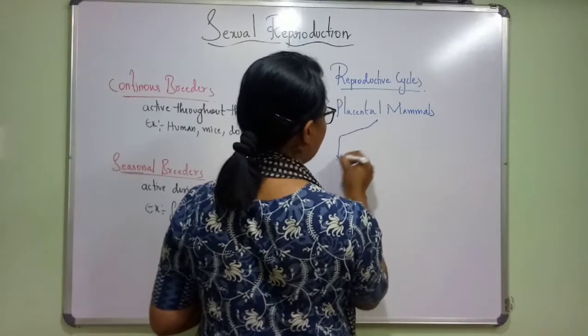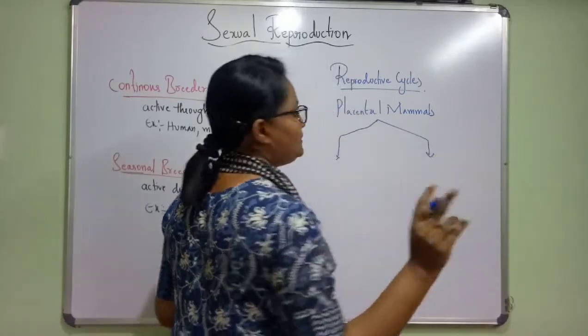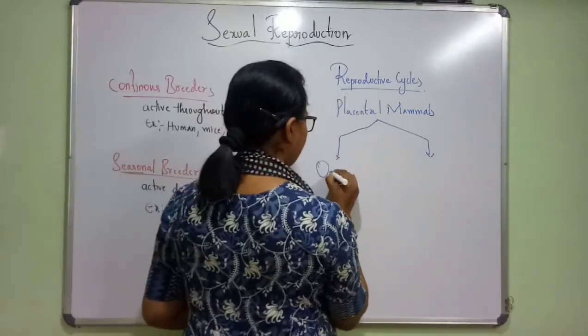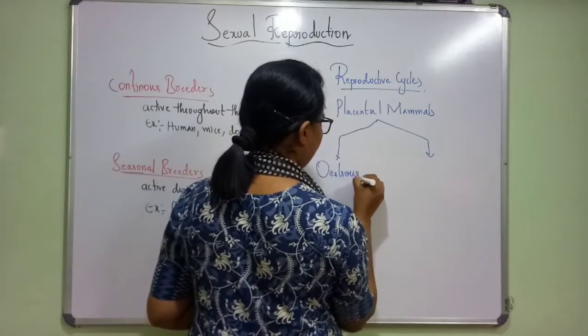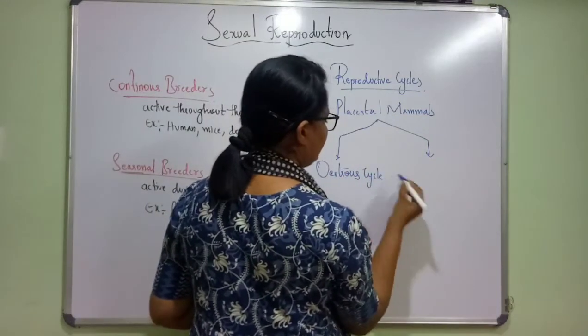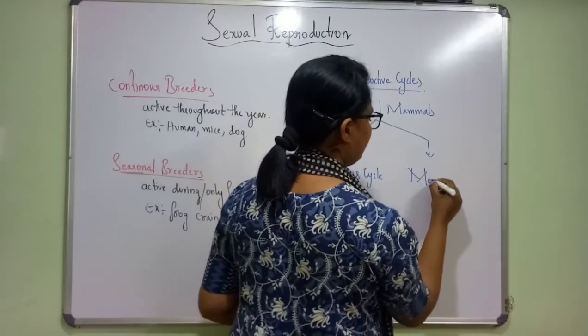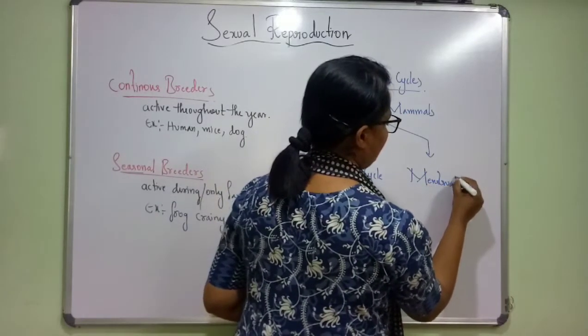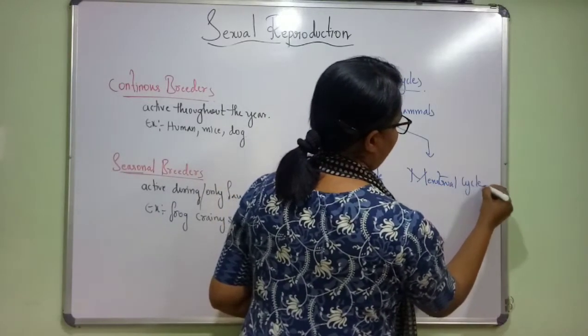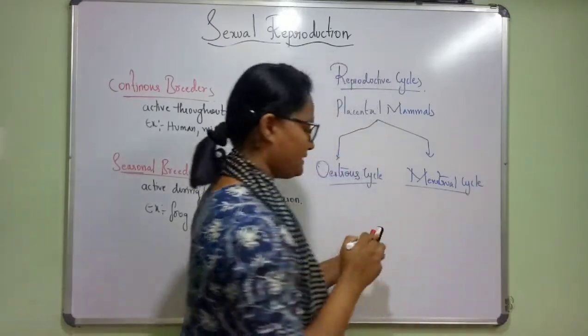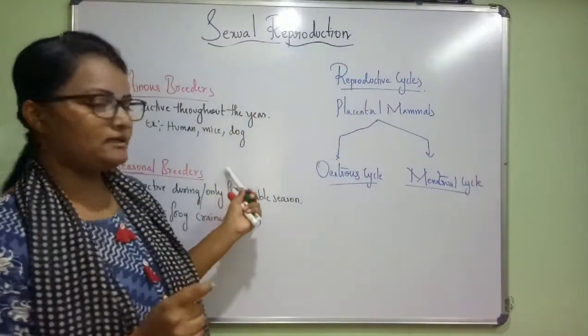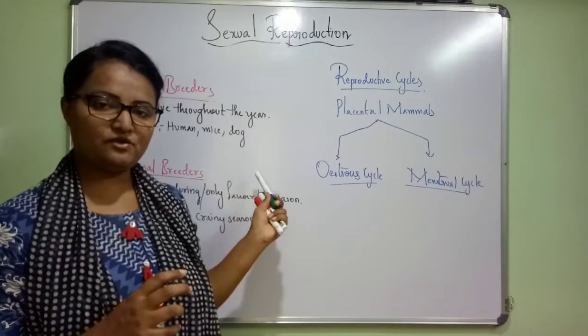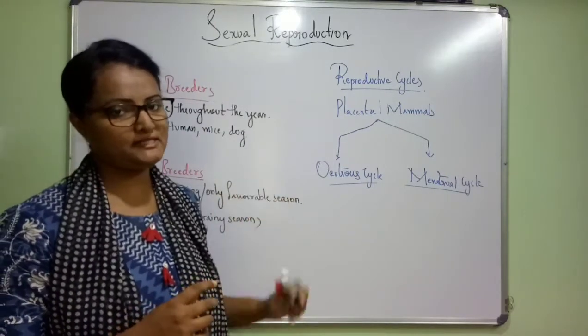They show two kinds of reproductive cycles. One is the oestrus cycle, another is the menstrual cycle. So the first classification is the variability in the duration of the reproductive phase, continuous and seasonal.